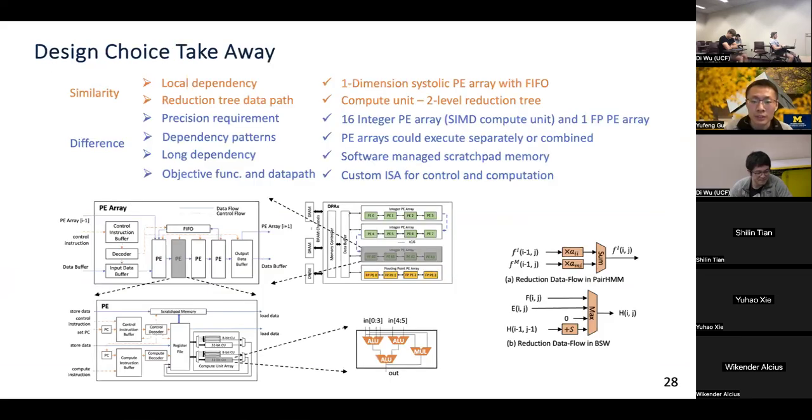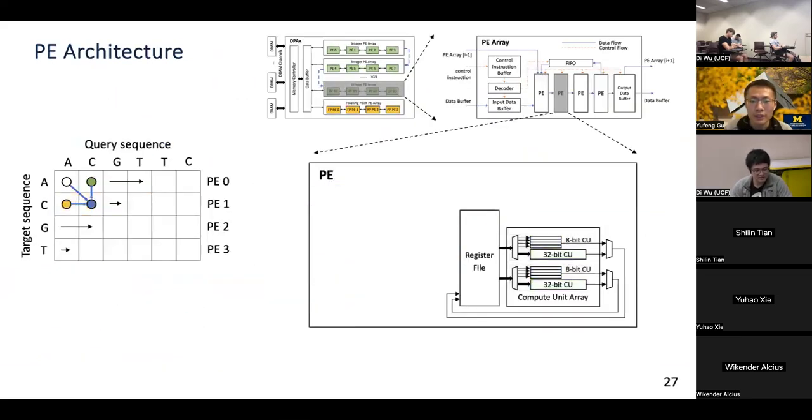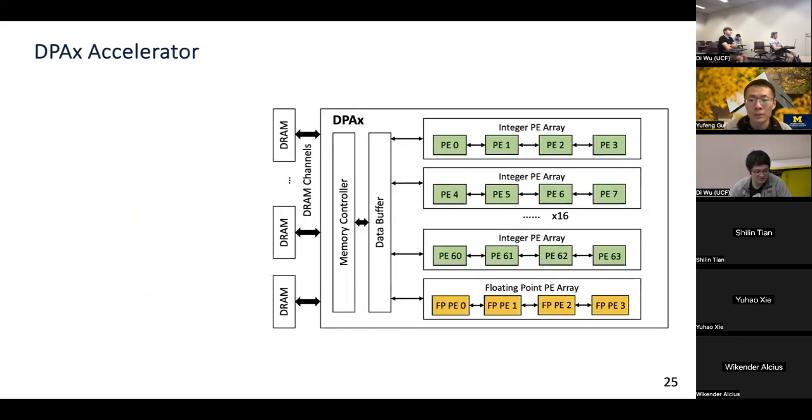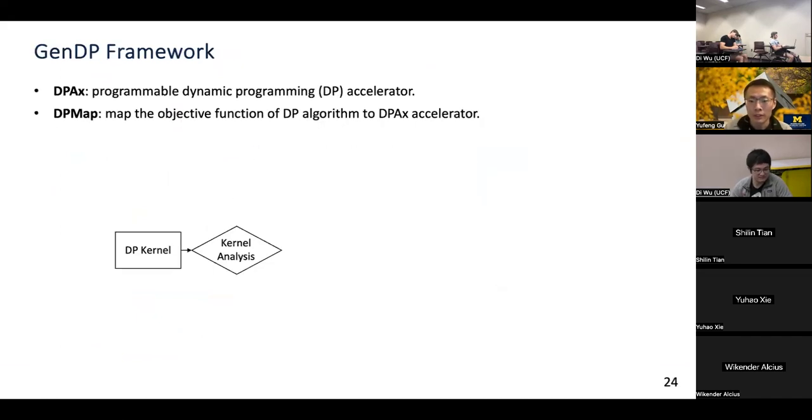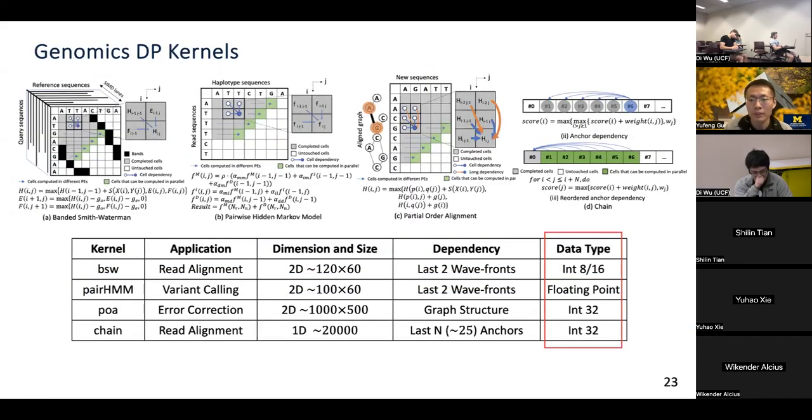Oh, yeah, that's a good observation. That's correct. So most of the algorithms are integer based. That's why we have most of the resources allocated for the integer operations. The floating point, if we look at this summarization table, we could see this pairwise hidden Markov model utilized in variant calling is using floating point.